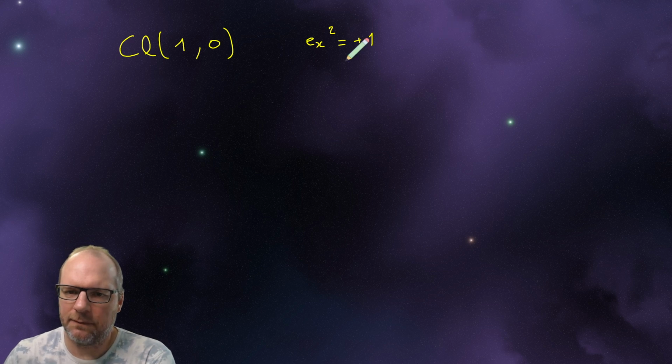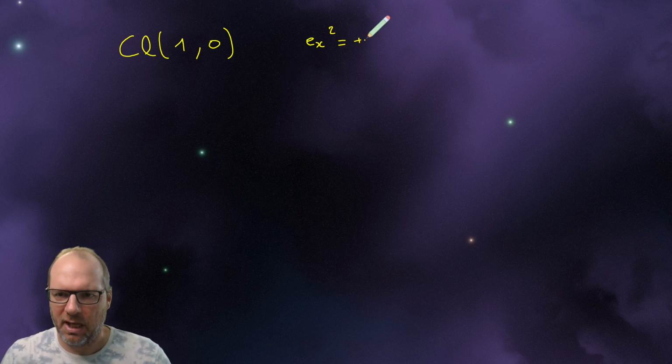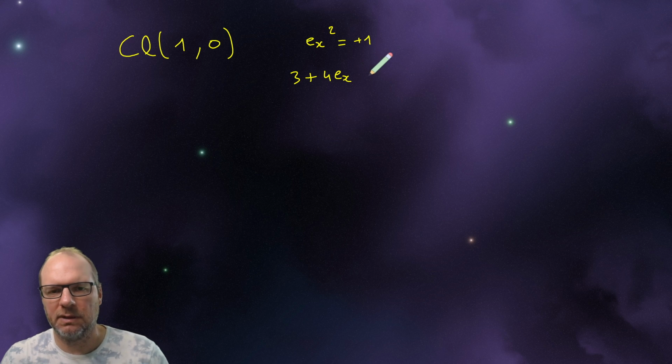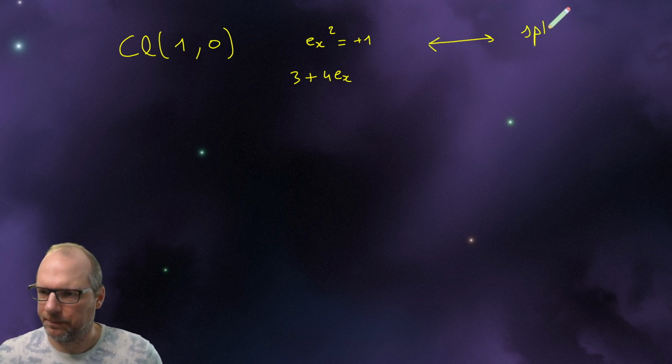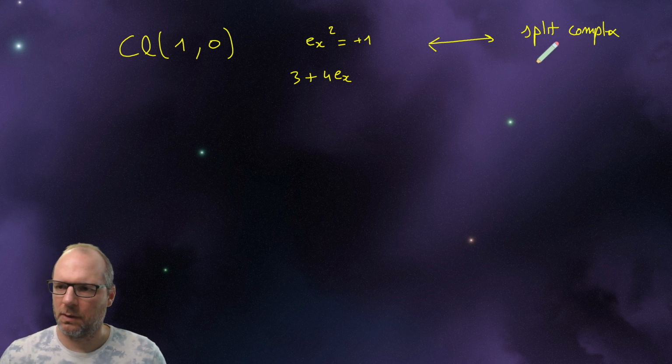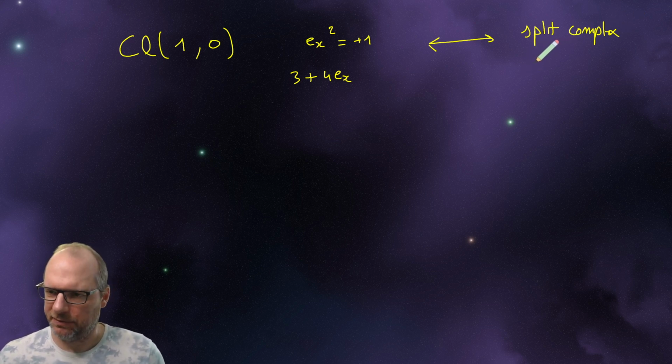For example, 3 plus 4 e sub x is a number, and we know that it is exactly the split complex number, because in the split complex numbers, we introduce a new symbol j that squares to +1. So in fact, this is the same.